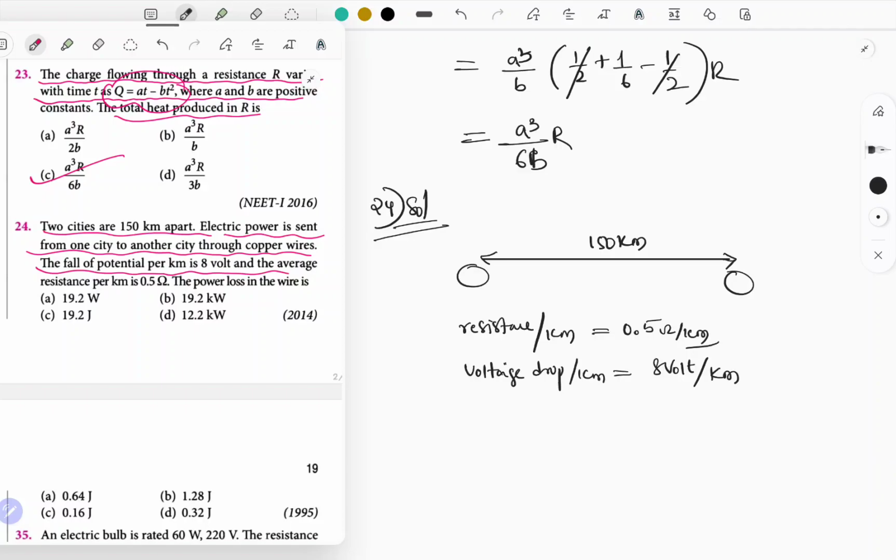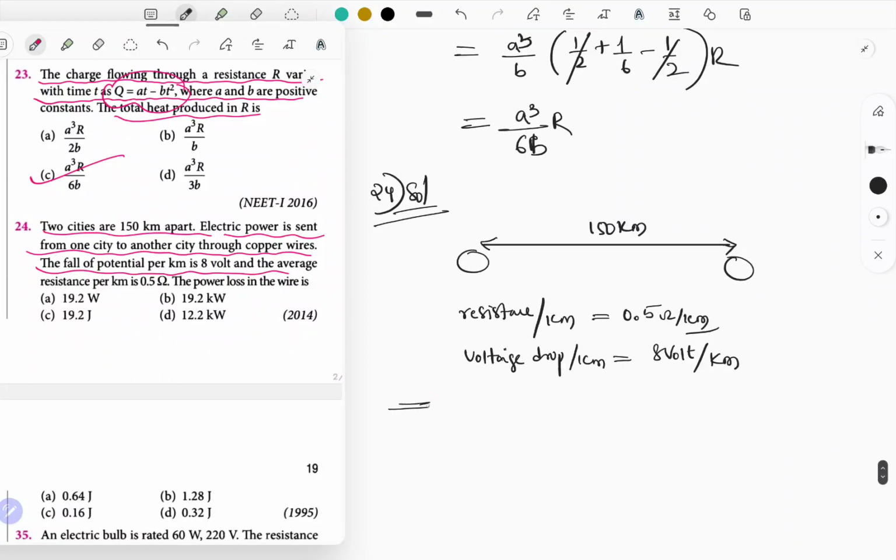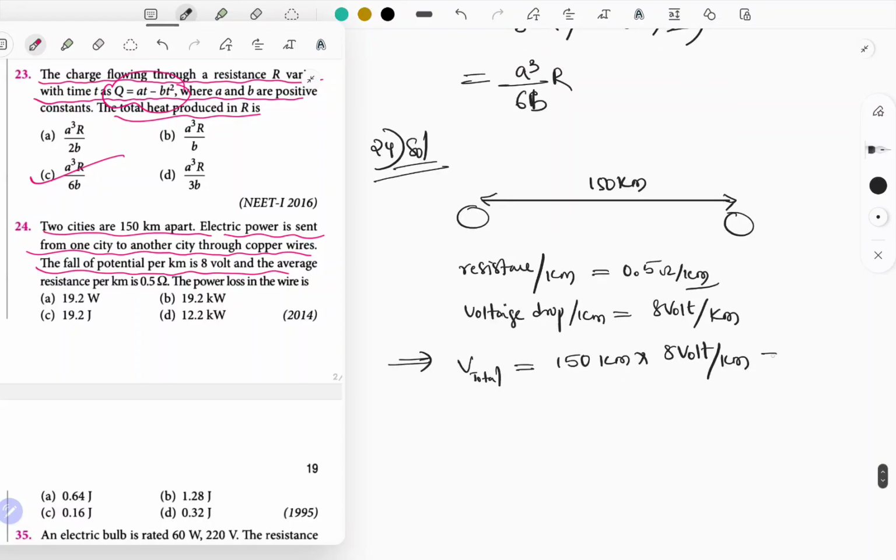To answer this question, let me find out what is the total potential which is dropping between these cities. For every 1 kilometer 8 volt is dropping, then total voltage dropped is equal to 150 kilometer into 8 volt per kilometer. So if you multiply this, you are going to get 1200 volt.